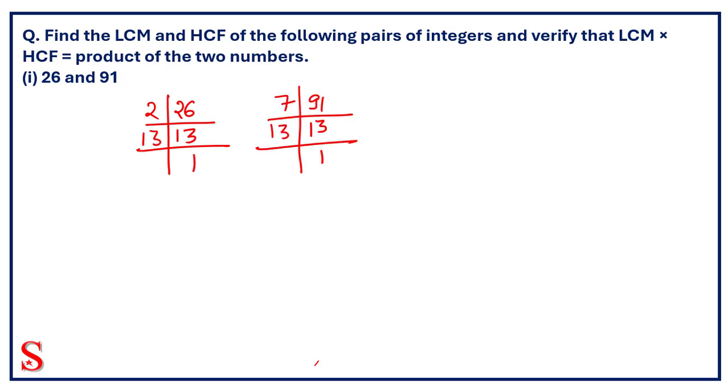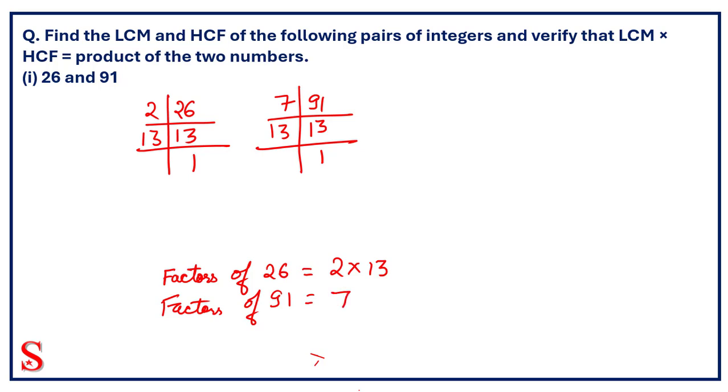So we get the factors of 26 and 91 respectively, which we'll note down. So here 13 is the common factor.